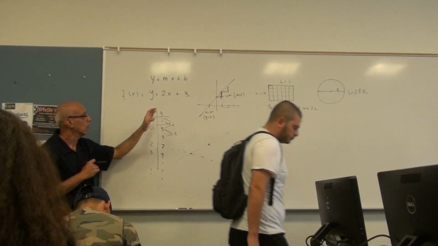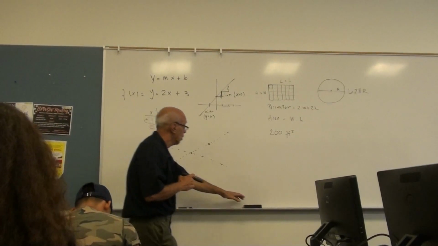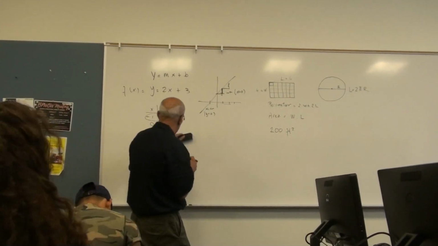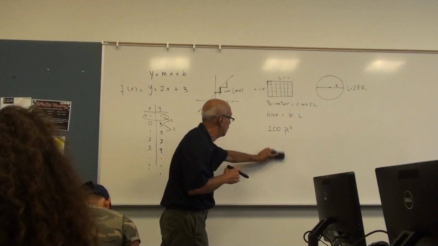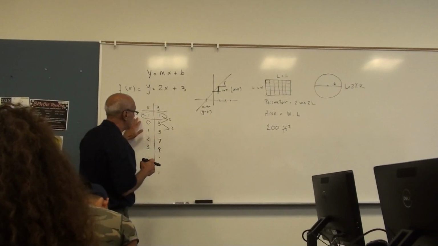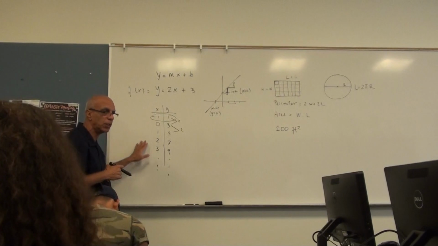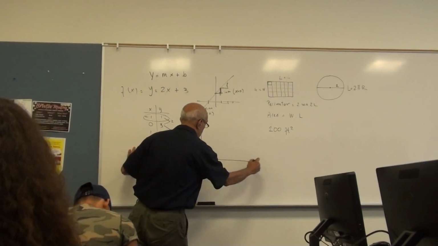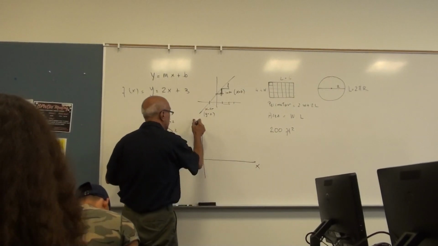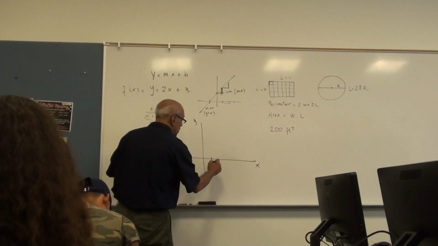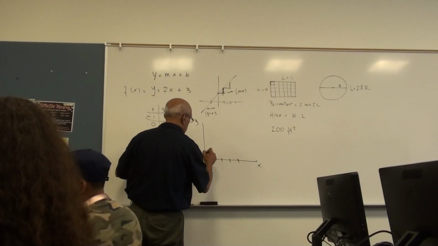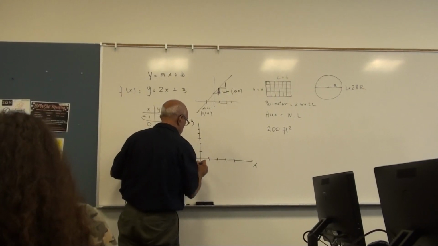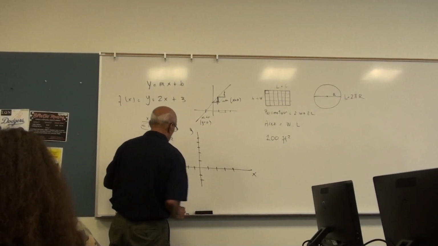So, what have we done now? Well, we have a table with numbers, but it's difficult to visualize that, to understand the meaning of these numbers. So we're going to do a graph. This is the x-axis, this is the y-axis. And here I'm going to put the numbers for x and here for y.